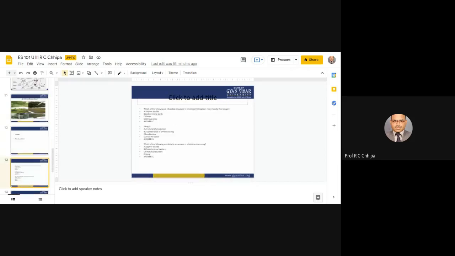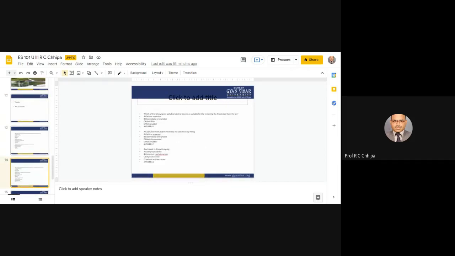These are also multiple choice questions. Which of the following air pollution control devices is suitable for removal of dust? Here also air pollution. Then various multiple choice questions are there.